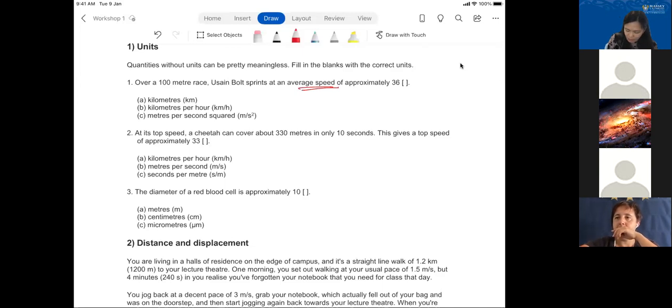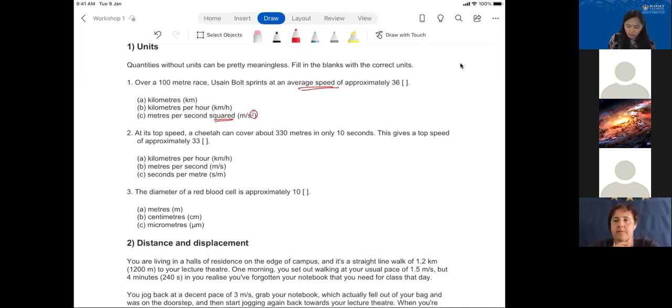Obviously kilometers is not the unit of speed, it's the unit of distance. Meters per second squared has meters, the unit for distance, and seconds, the unit for time, but then you have this square, and that's not the unit for speed that we just learned.